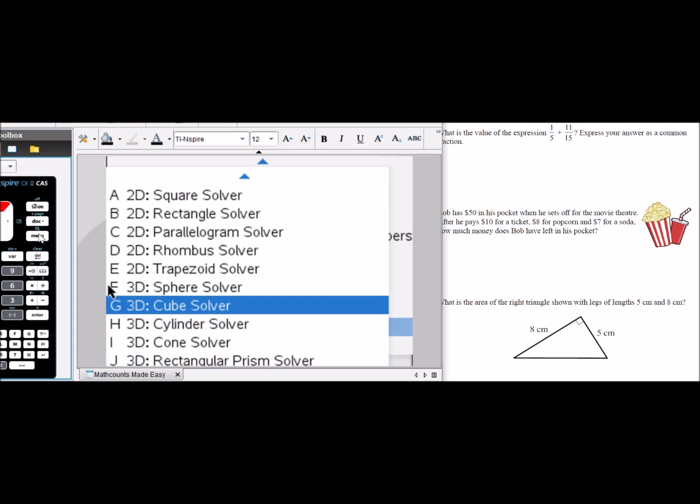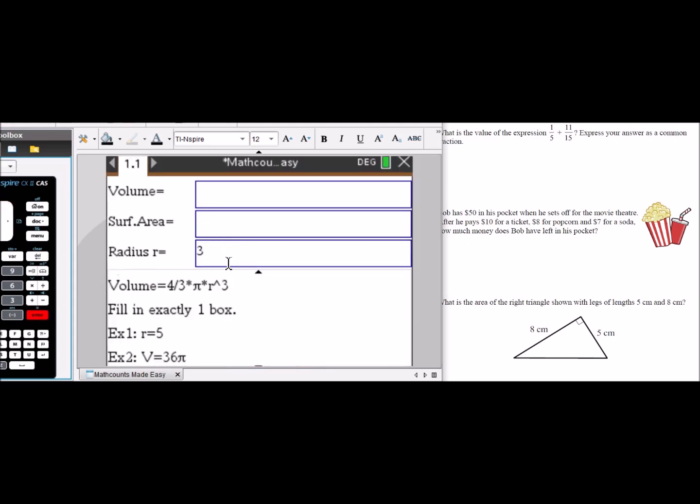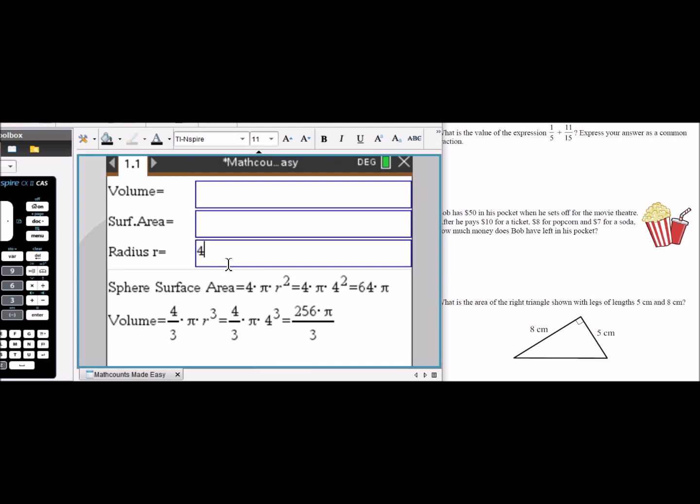For geometry, there's a 2D and a 3D section. Let's say you look at the sphere solver, put in a radius of your choice like this one, and immediately you will see the surface area of that sphere and the volume here as well.